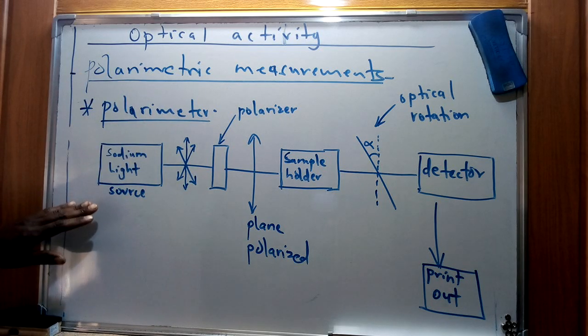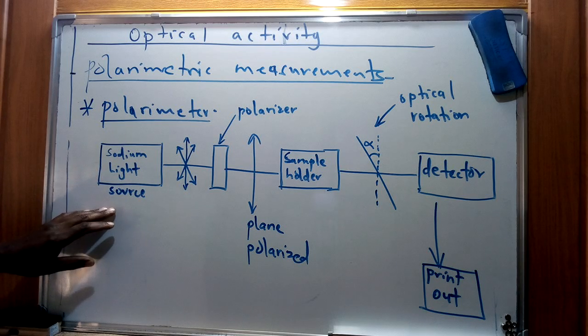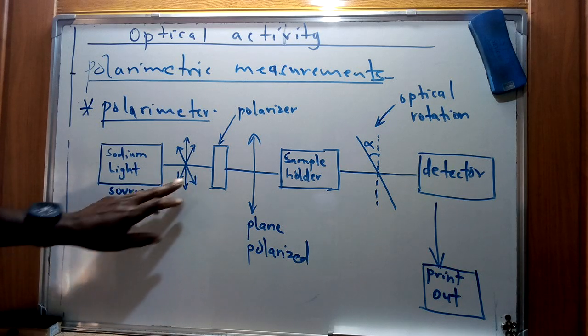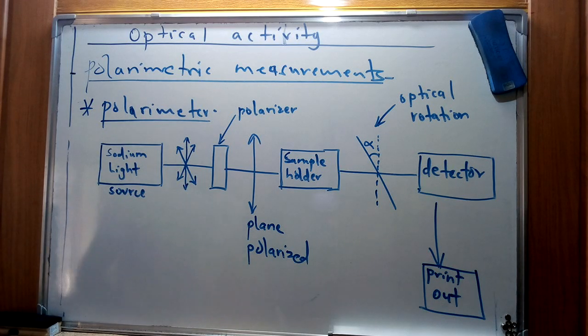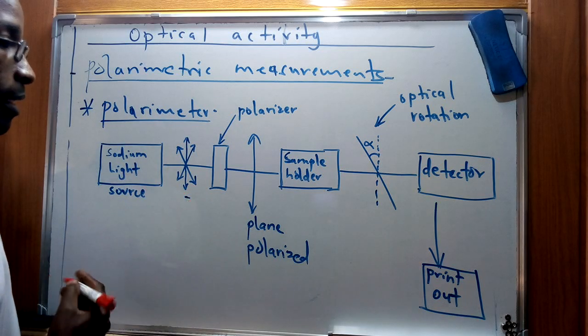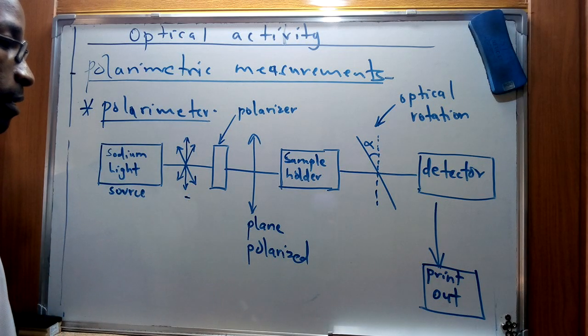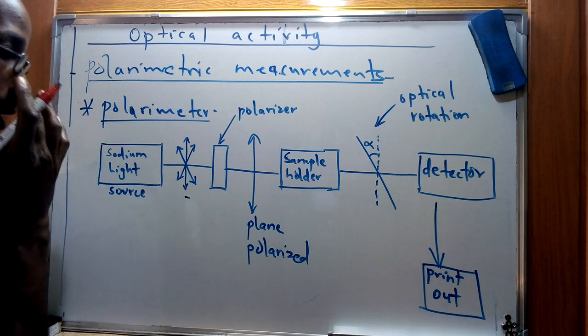And therefore, from this particular point on my left, we have a sodium source which is going to emit what we call unpolarized light. This means that this light has different characteristics like the planes that we have discussed before and the wavelengths.